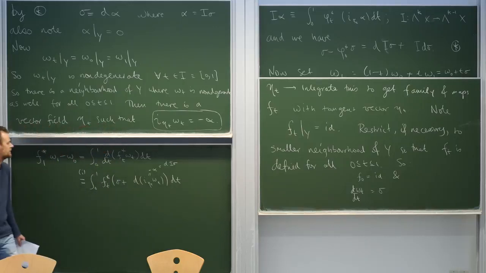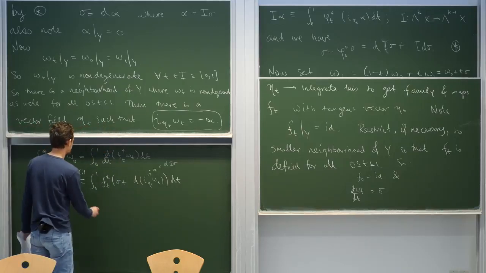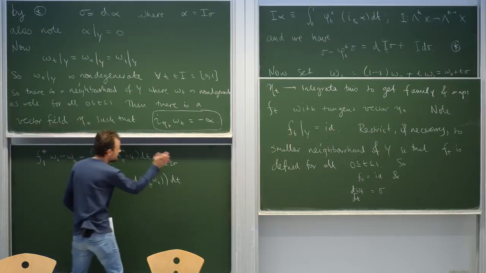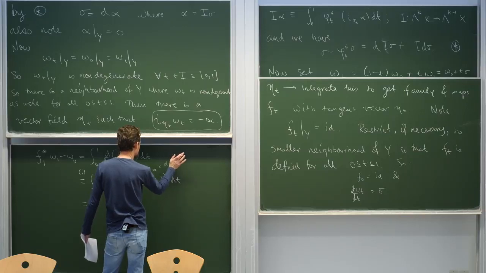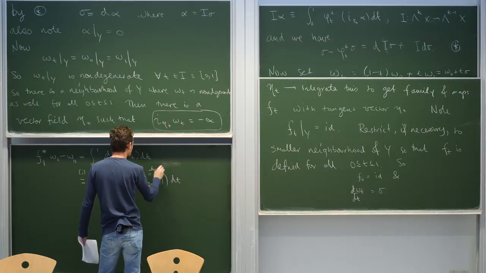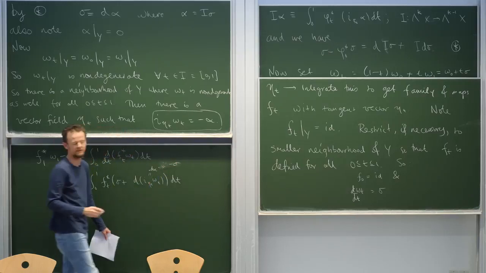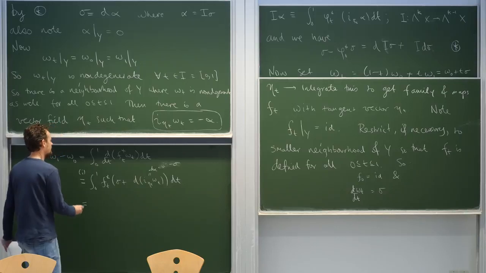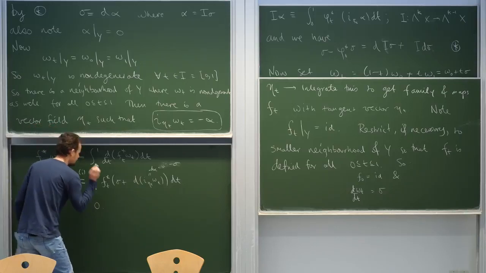So d of d is 0. d alpha is sigma, right? d alpha is sigma, goodness me. Sorry, d alpha is minus sigma, now it all works. And so we get minus sigma, and that is 0.